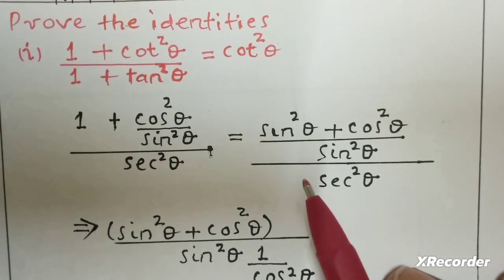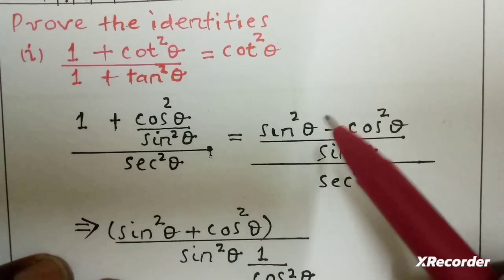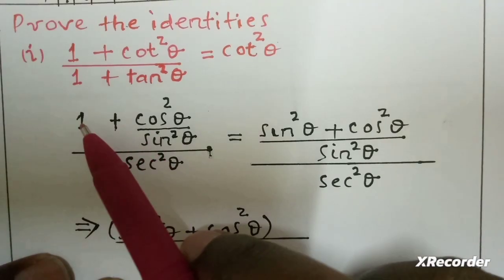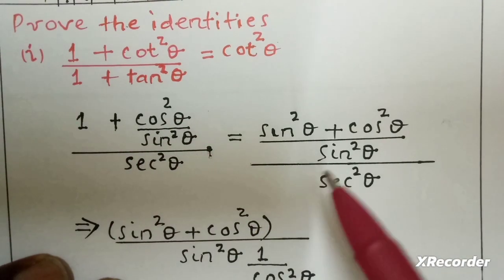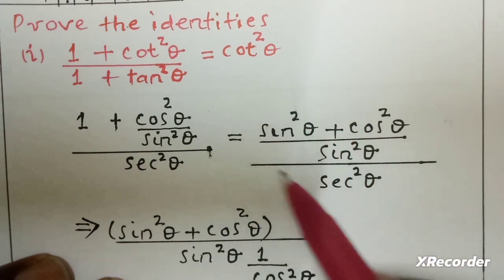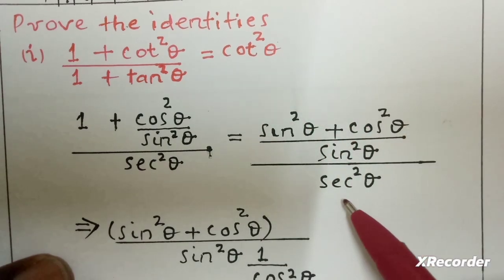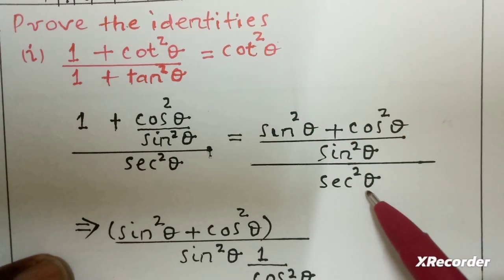After that, you press this one, and cos squared under the same denominator. If you do that, you'll get that all over sec squared theta.